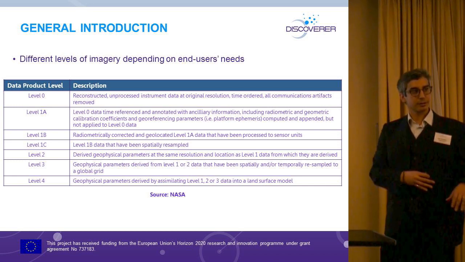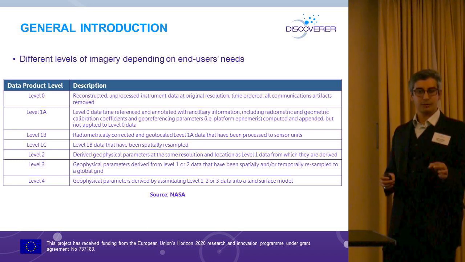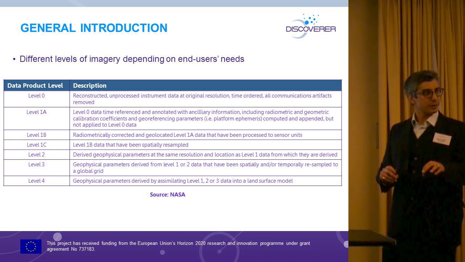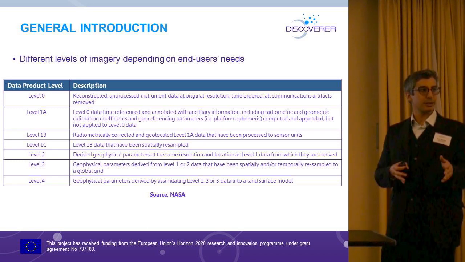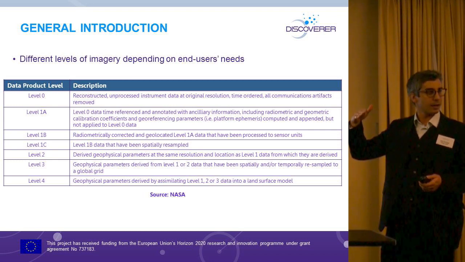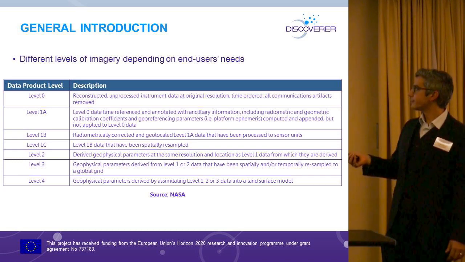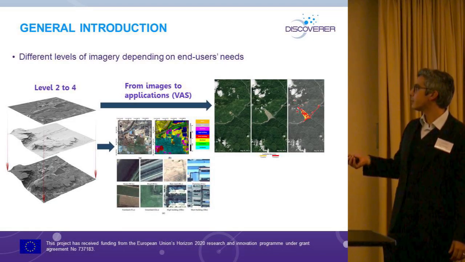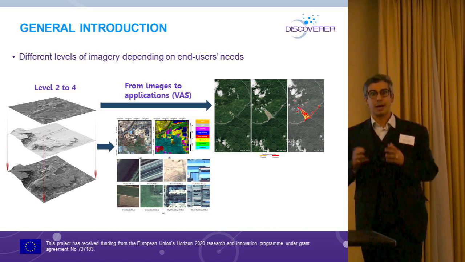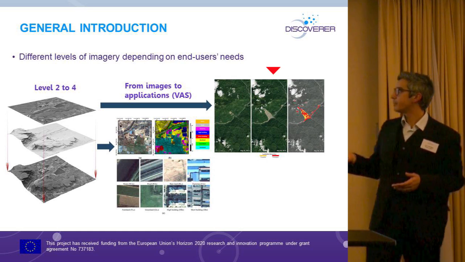Once you have done this, you need to georeference the image. You have to take into account different reference points to compensate for potential errors that the image can have because of the tilt of the satellite and other aspects. And then we go into something more complicated, or more applied to specific demands, which are value-added services.